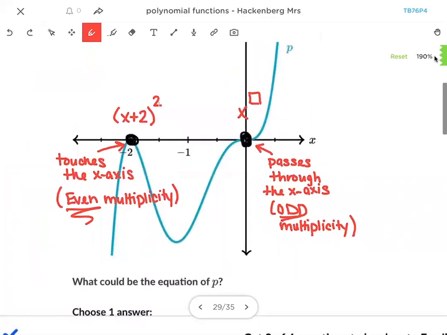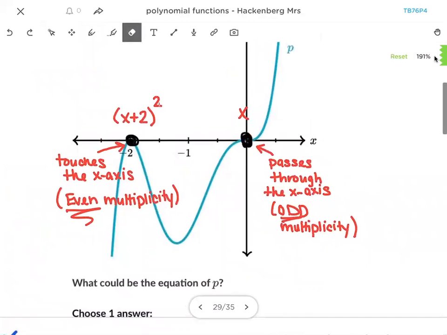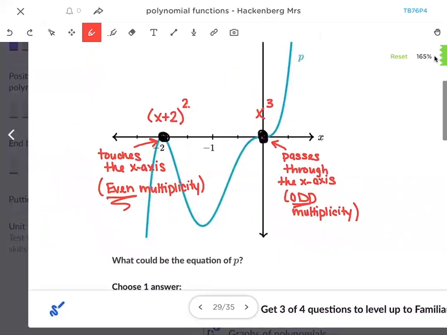All right, so maybe I want to make this like an x to the third. But remember, as long as it was an odd number, 1, 5, 7, 9, etc., that would work.